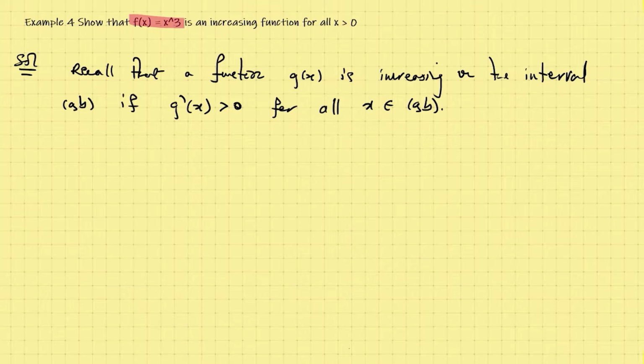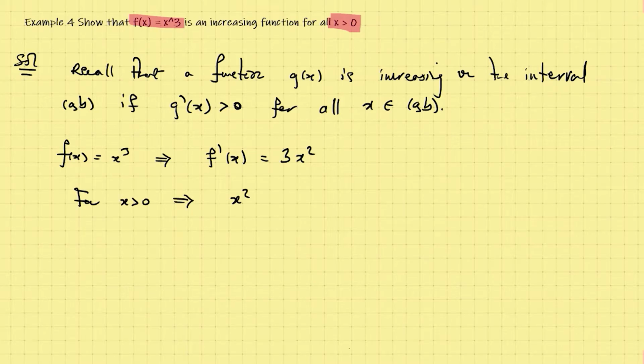So f of x is of course x cubed. If we differentiate it, it's a standard derivative, which gives me 3x squared. Now we want to show it's increasing for all positive x. For x bigger than 0, we have x squared is bigger than 0.